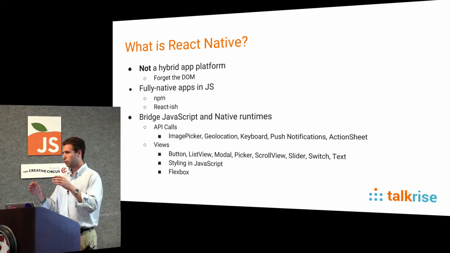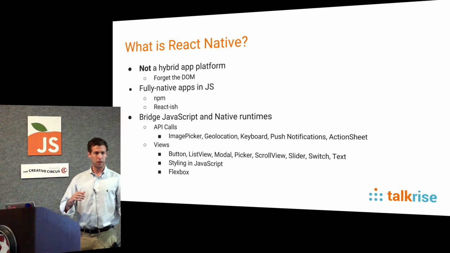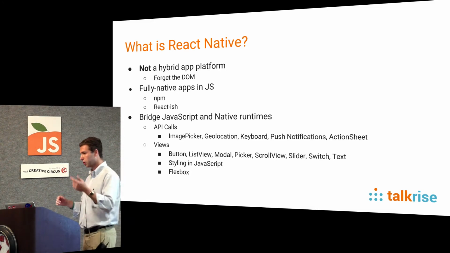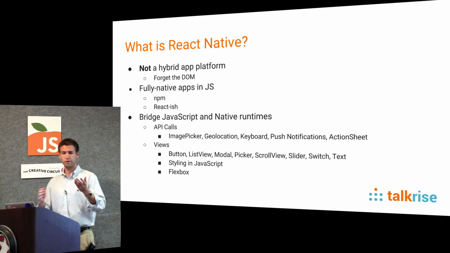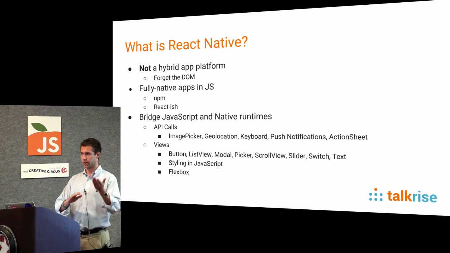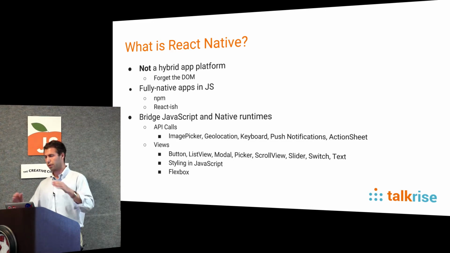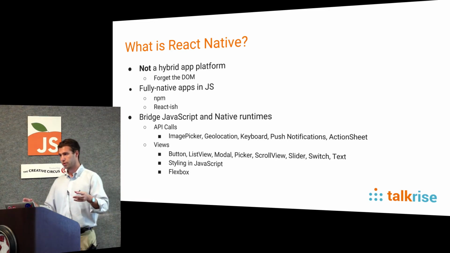But when you do that, you can access all of the native APIs using just pure JavaScript, whether that's your image picker or geolocation, push notifications, or even like the action sheet that comes up from the bottom. If you've ever used a hybrid platform, that's all emulated, right? But with React Native, you're actually using the real native components.